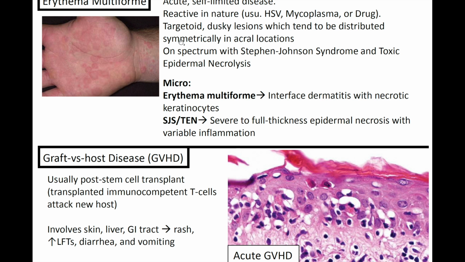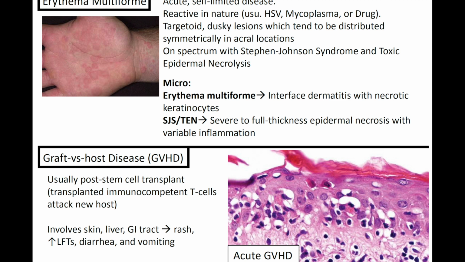And Dr. Gardner was talking about in his lecture on inflammatory dermpath how to differentiate an erythema multiforme and SJS or TEN, specifically in a test question or something. So if they're just giving more focal areas and they're saying it's targetoid, it's probably erythema multiforme.